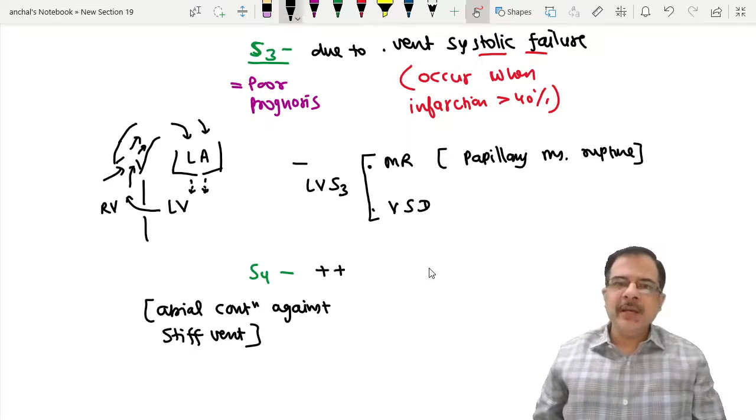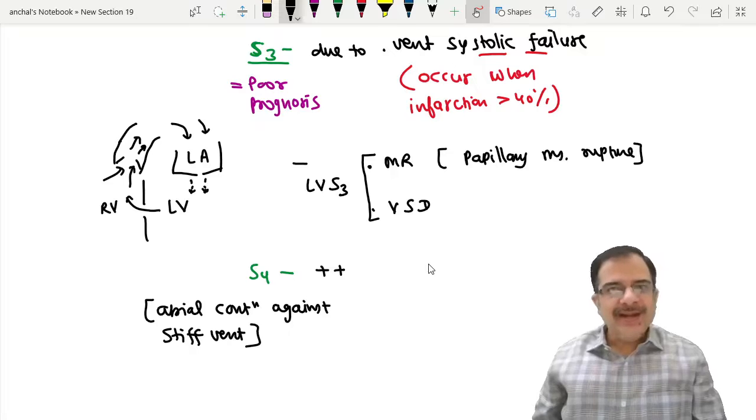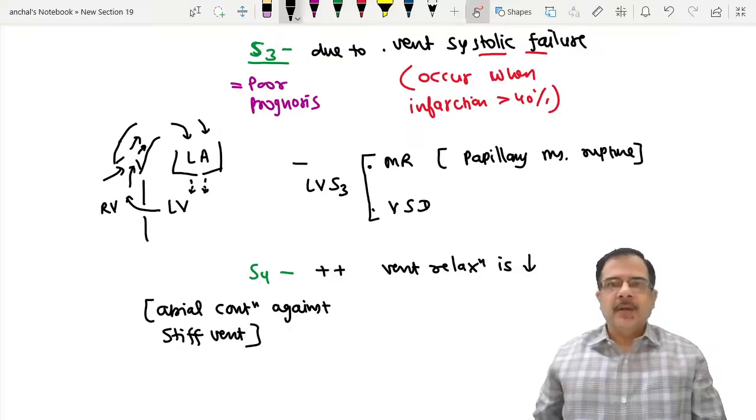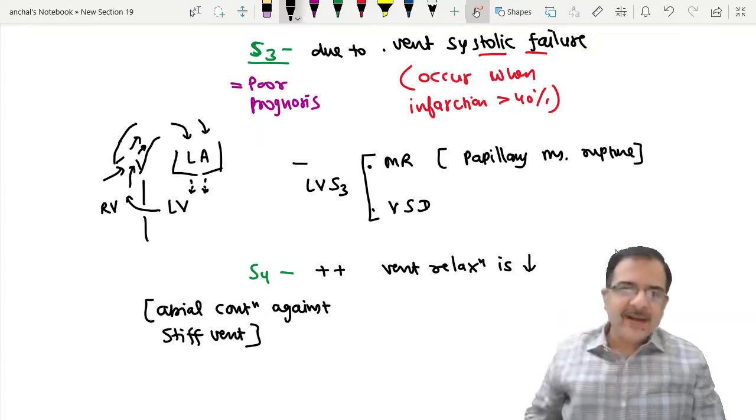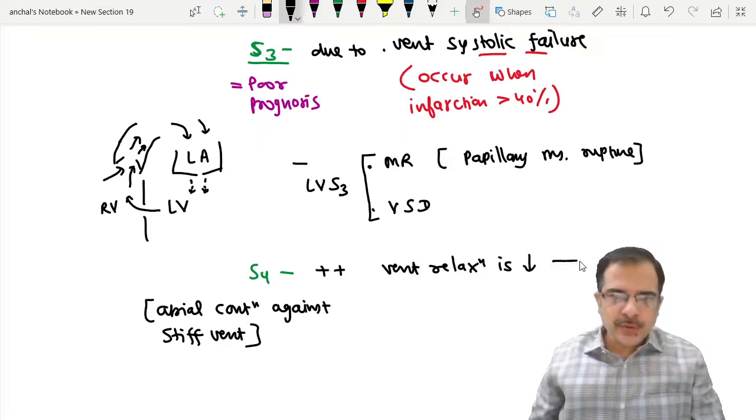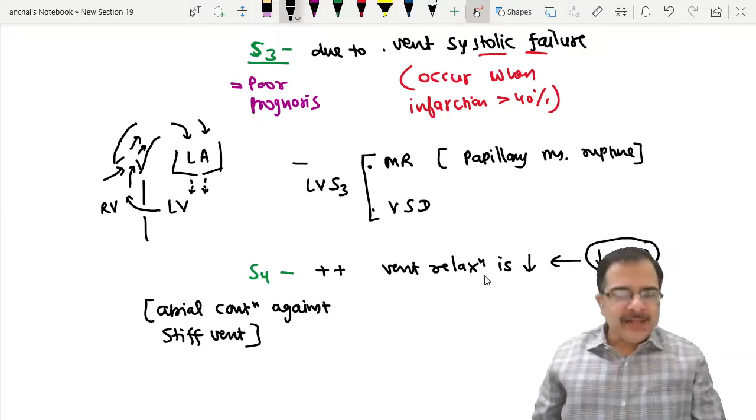Why is it common in MI? Because the ventricles are stiff. Due to reduced ventricle relaxation. Relaxation is reduced means the ventricle is stiff. But why is ventricle relaxation reduced? This is because of decreased ATP due to loss of blood supply. ATP is needed for relaxation of the myocytes.